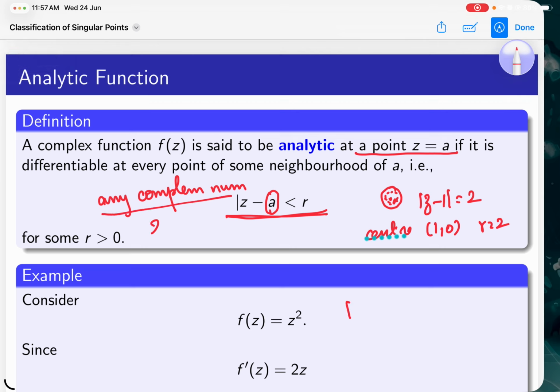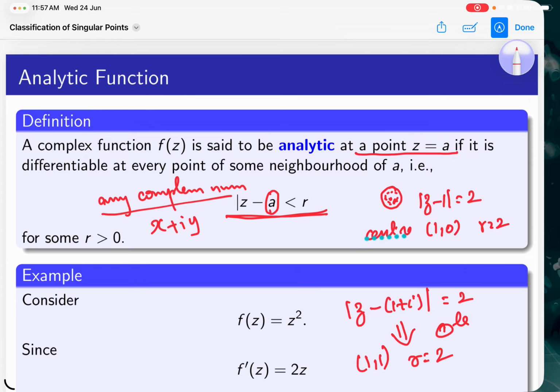Complex number means it can be expressed in the form of x plus iy. For example, if it is given modulus of z minus 1 equal to 2, it represents a circle with center at (1, 0) and radius 2. Suppose it is given modulus of z minus (1 plus i) equal to 2, it represents a circle with the center at (1, 1) and radius equal to 2. Like this we can define a circle.